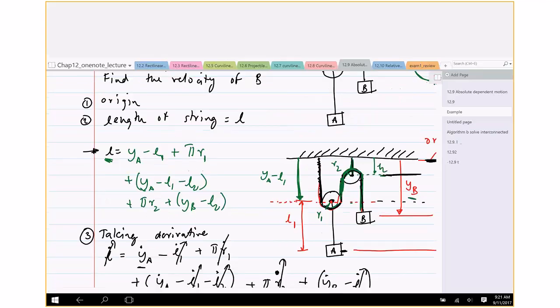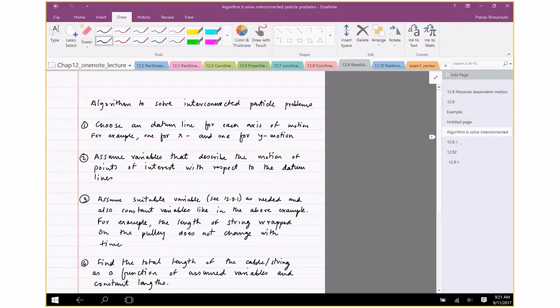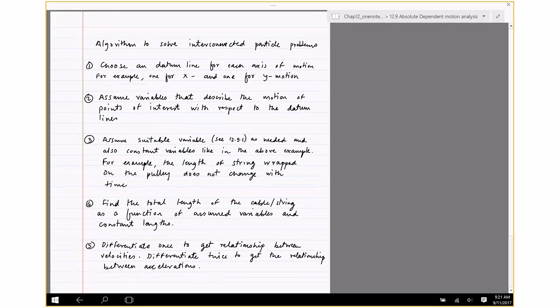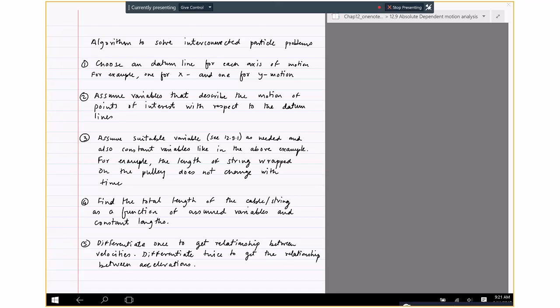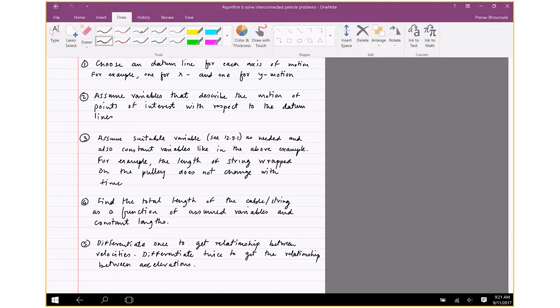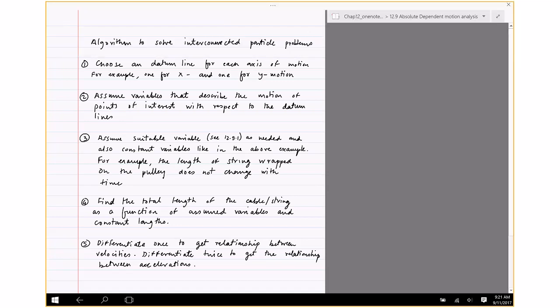Okay, so this is the recipe. There's no time to write it out because I'm going to go through problems, but essentially it's the same thing I told you. All the machinery I used to solve that problem is right here.